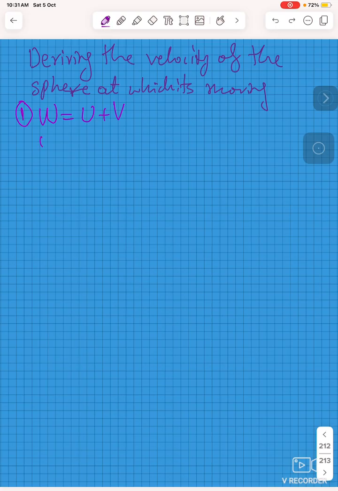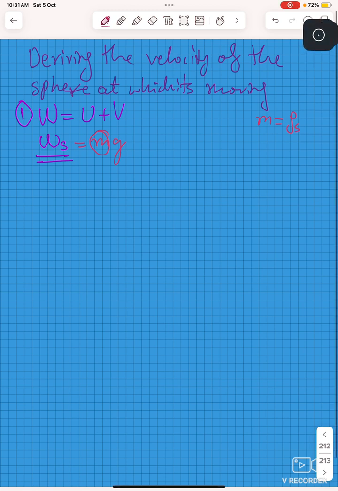So first of all, Ws means weight of sphere. We all know that weight of sphere is mg, where m is the mass and g is the gravitational acceleration. Now we can expand this m into its factors: m is equal to the density of the sphere times the volume it covers.